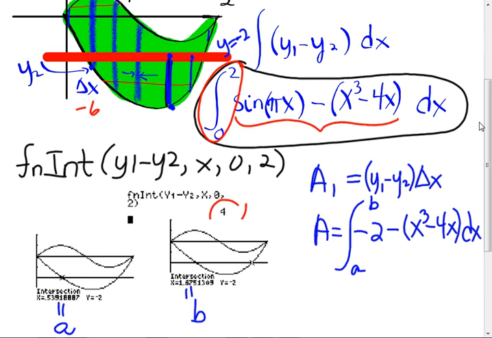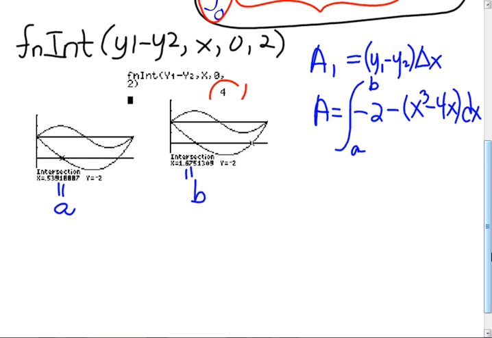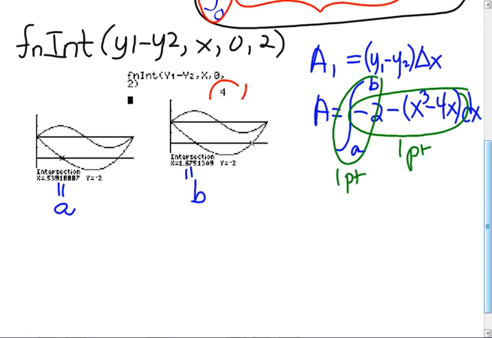And now what would that be worth? This is going to be a point, and that's going to be a point. So my guess is it's only going to be worth 2 points. In 2012, that was last year, if you look at that one, it says find the area of region R. Same question on the first one, different curves.